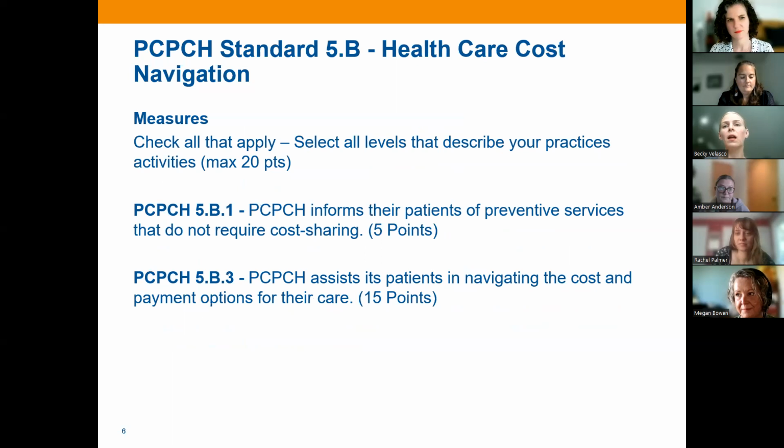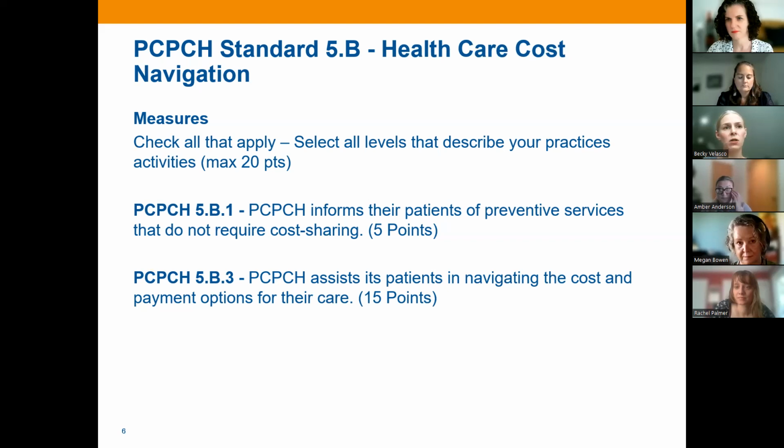This standard includes 2 measures. 5B1, PCPCH informs their patients of preventive services that do not require cost sharing. This measure is worth 5 points. And 5B2, PCPCH assists its patients in navigating the cost and payment options for their care.